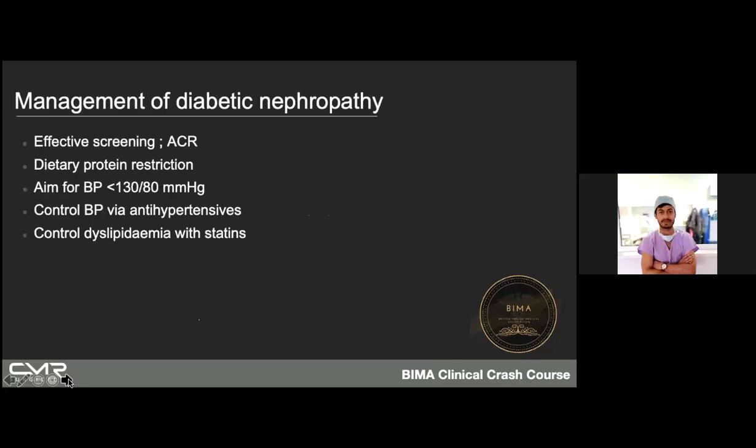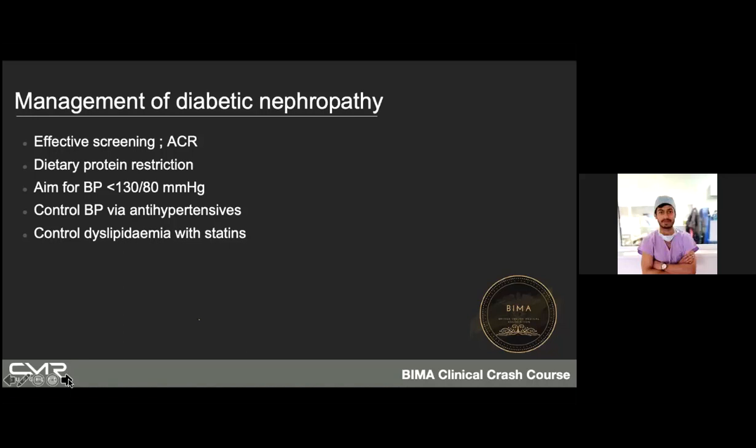The next thing is, we have to be a bit more effective with managing the nephropathy. The way that you try to manage the nephropathy is by having an effective screening program. Each patient should ideally be screened annually using ACR, and that would also include regular fundoscopy and monitoring their HbA1c as well.